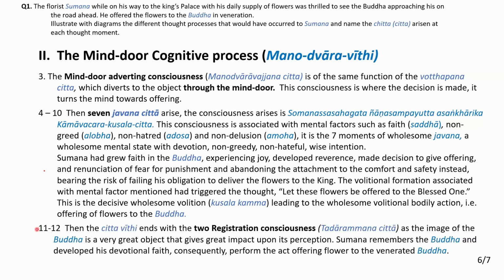The last 2 in the cittavithi end with the 2 registration consciousness, tadarammana citta, as the image of the Buddha is a very great object that gives great impact upon its perception. Sumana remembers the Buddha and develops his devotional faith, consequently performing the act of offering flowers to the venerated Buddha.